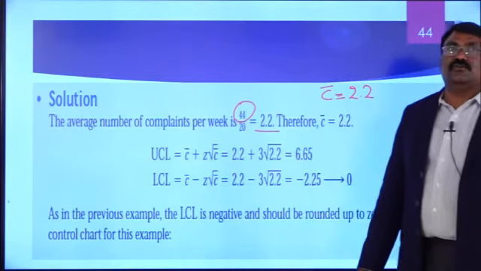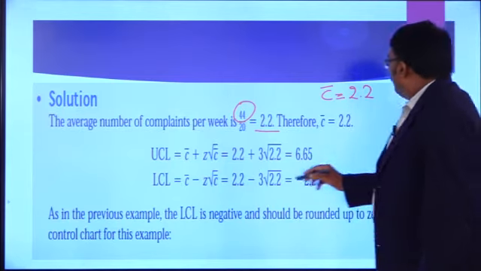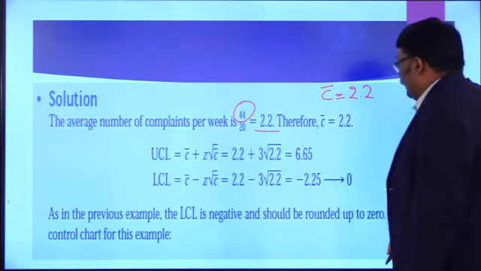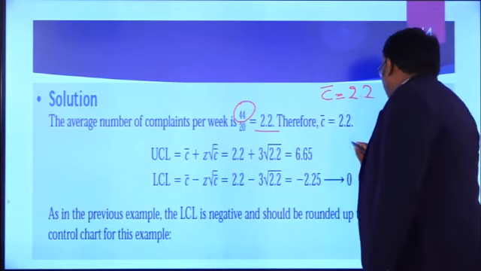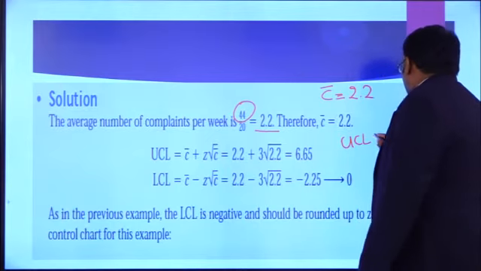Applying the 2.2 value in the formula, we get the UCL.